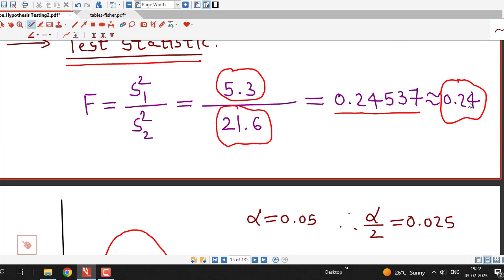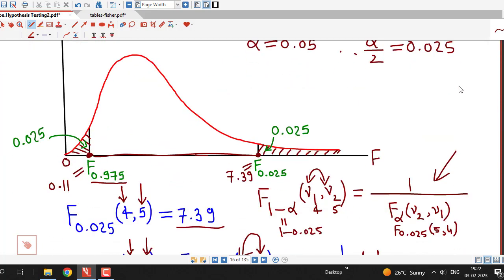And here the calculated value of the test statistic is 0.24, and this is 0.11. So 0.24 might be somewhere here. Suppose this point is the calculated value of the test statistic 0.24. So you can see we are in the non-rejection region.